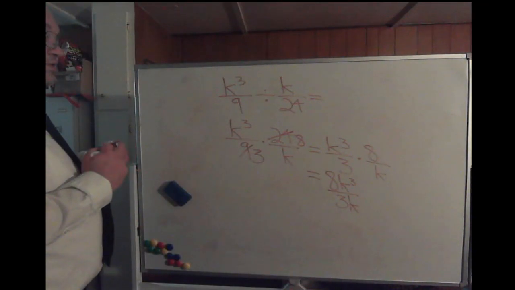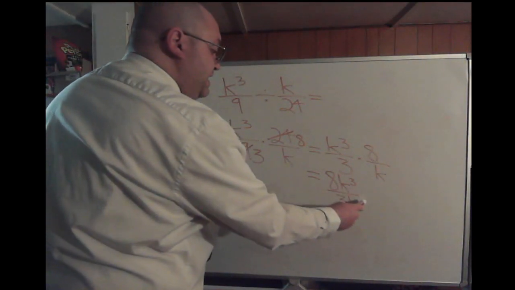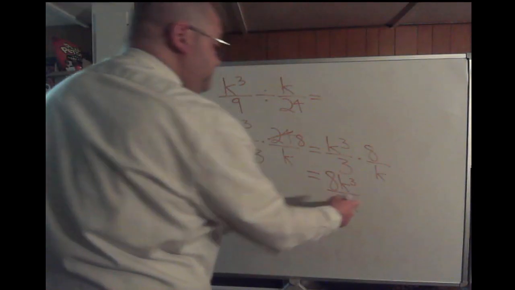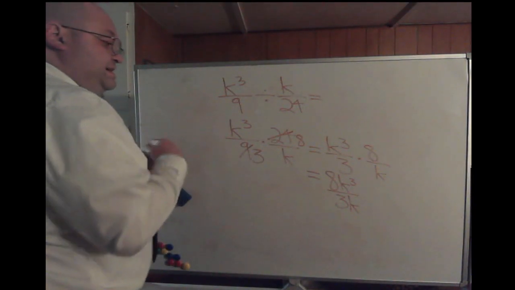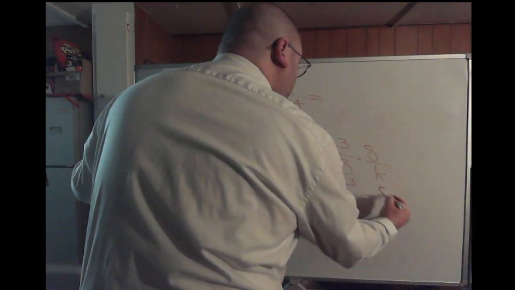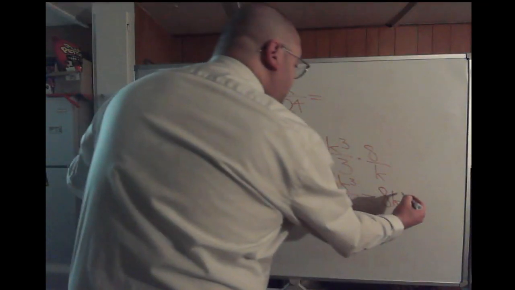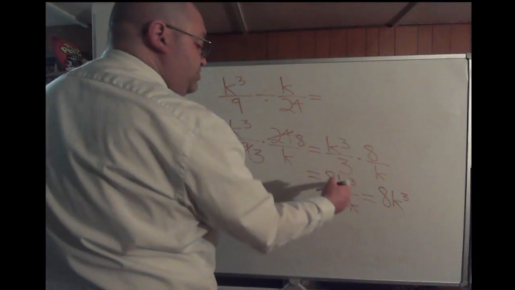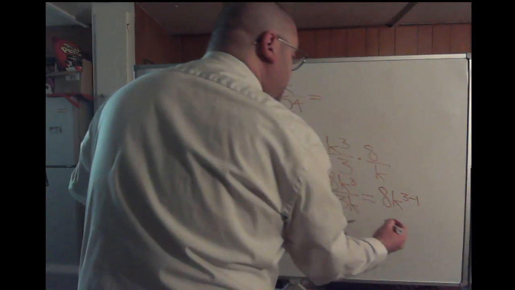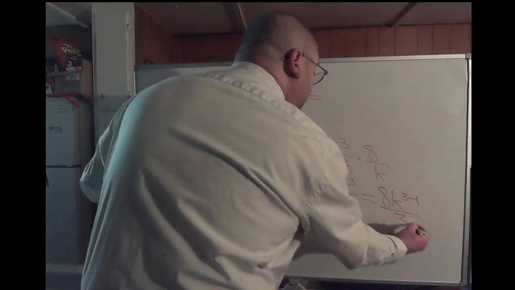Now what we have to remember is that when we divide a variable that has exponents in it, you subtract the powers. So you're going to have 8 times k to the third power minus 1 over 3. You do the power in the numerator minus the power in the denominator.